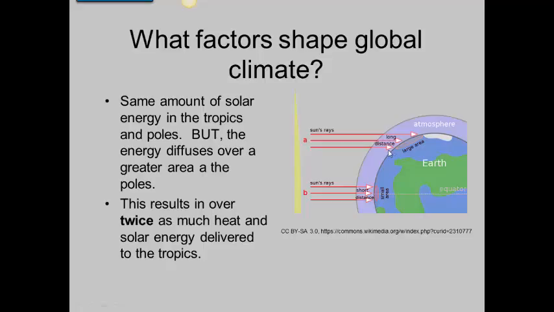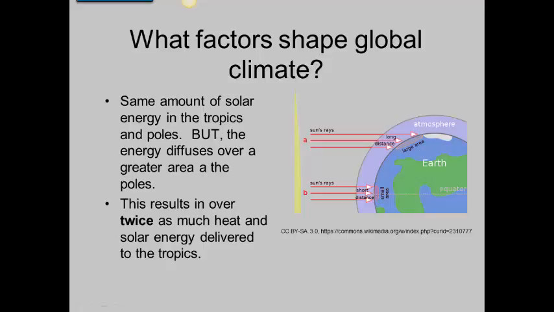In the northern part of the planet, the same amount of solar radiation is diffusing over a larger area of the Earth. In the tropics, there's more direct sunlight diffusing over a smaller land area.